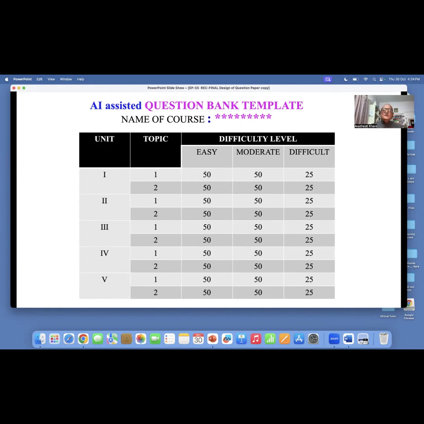Then easy, moderate, and difficult questions from every topic of every unit have been developed using AI-assisted tools, and 50 easy, 50 moderate, and 25 difficult questions in each topic of every unit have been stored in the question bank template.